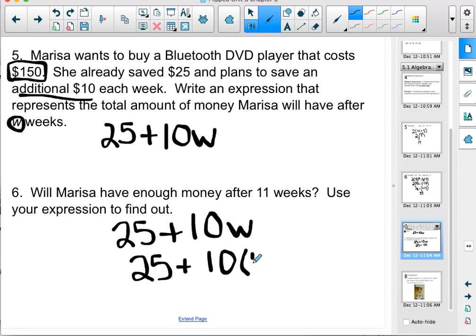When a number is next to a variable, that means that we are multiplying. So, order of operations, we're going to multiply first. 10 times 11 is 110.